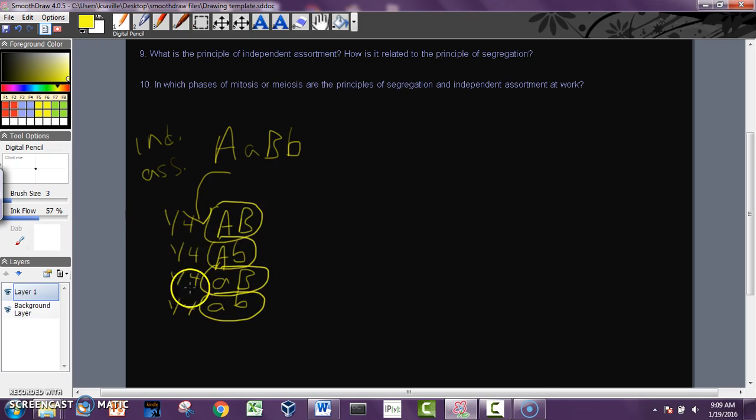And they're equally likely, so we can get them in a 1 to 1 to 1 to 1 ratio. That's what independent assortment means. If you have a dihybrid, you're always going to get these kinds of gametes.